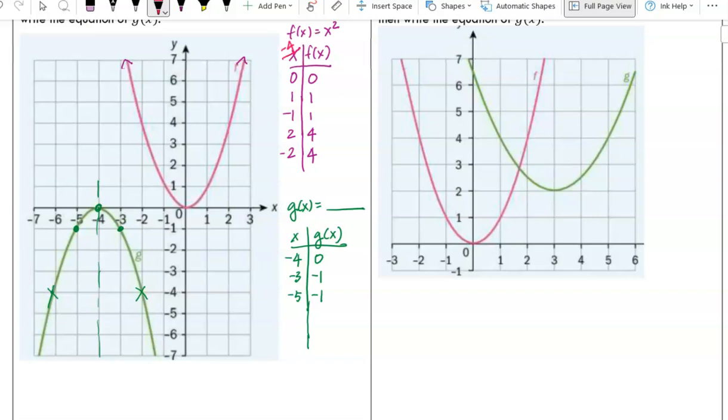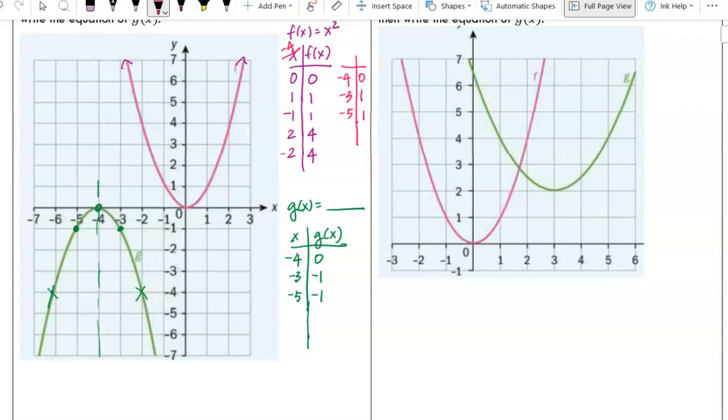If I subtract 4, I get a new table: negative 4, 0, then negative 3, 1, and negative 5, 1. So now what's being done to the x is that it's being subtracted by 4.